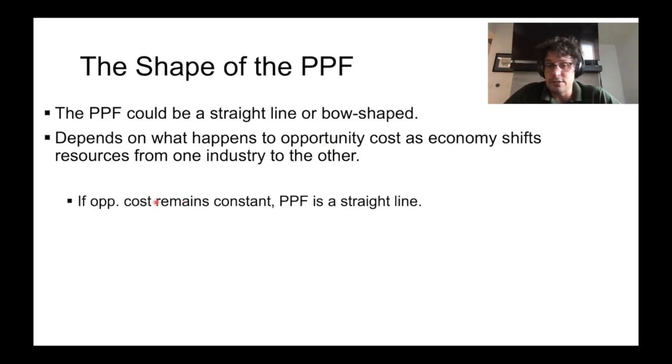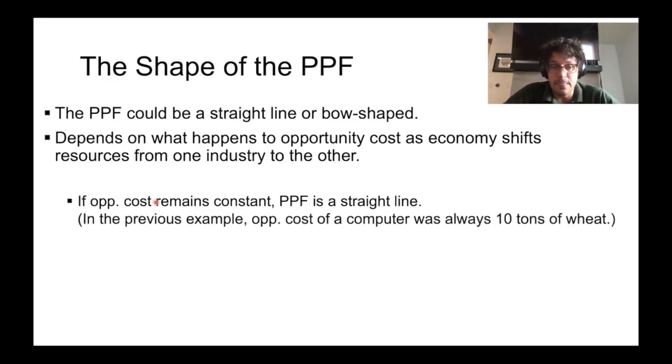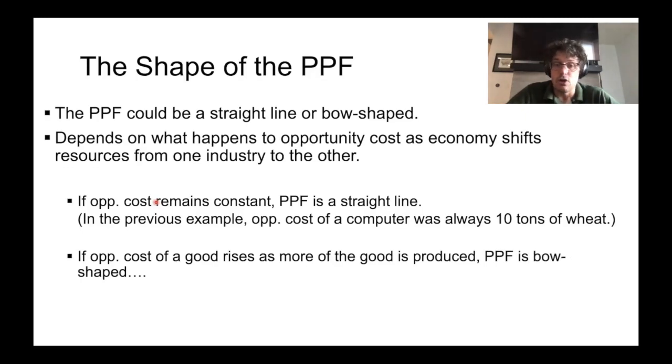If the opportunity cost remains constant when you shift the resources, then the production possibility frontier is a straight line. Conversely, if the opportunity cost changes when you shift resources from the production of one good to the production of the other good, then the production possibility frontier becomes bow-shaped.